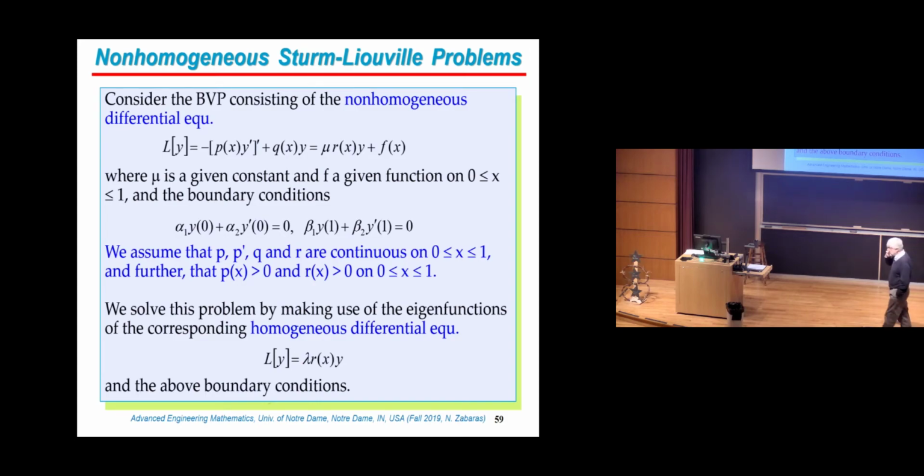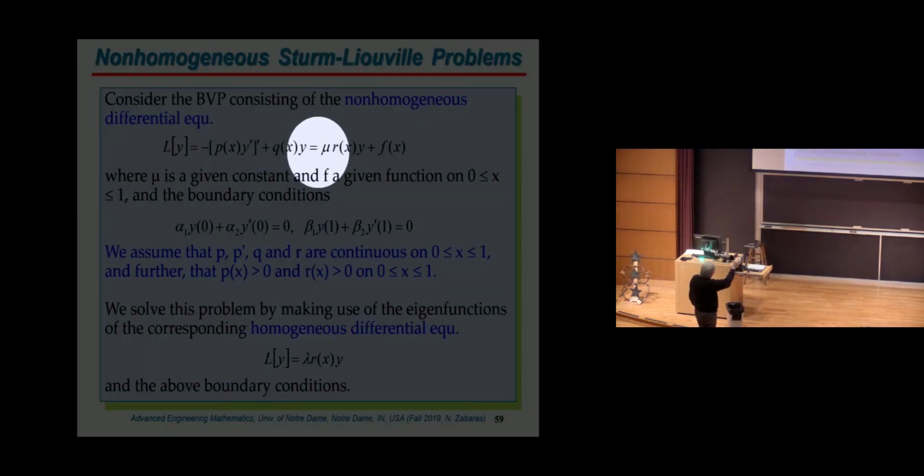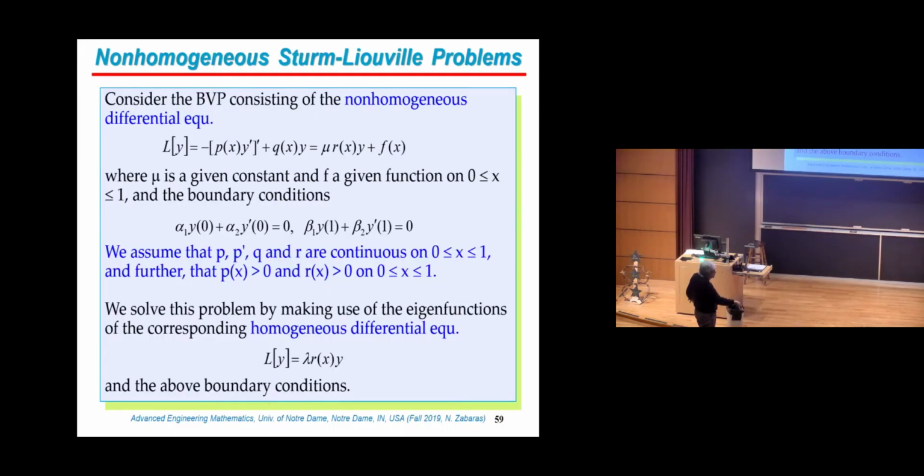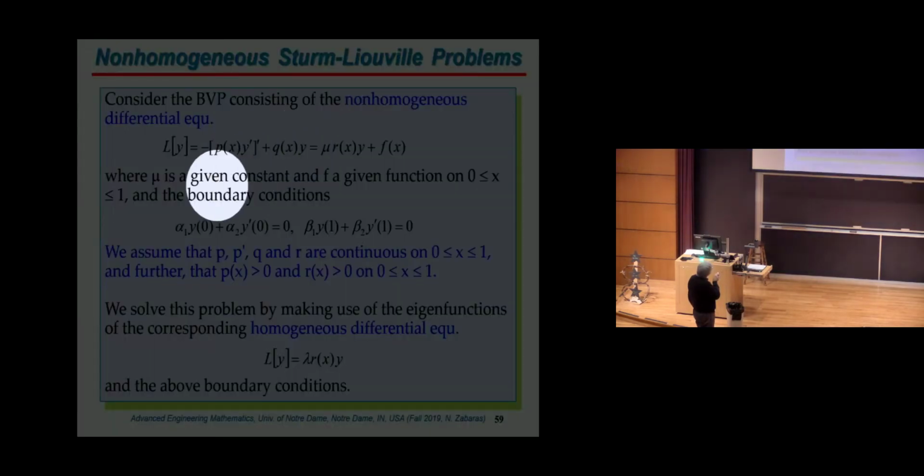For my non-homogeneous problem, I give you, let's say, mu equal to 5. We don't even know if there is a solution. But we are going to make an attempt to solve this problem for a given value of mu using the eigenfunctions that we get from the homogeneous problem.